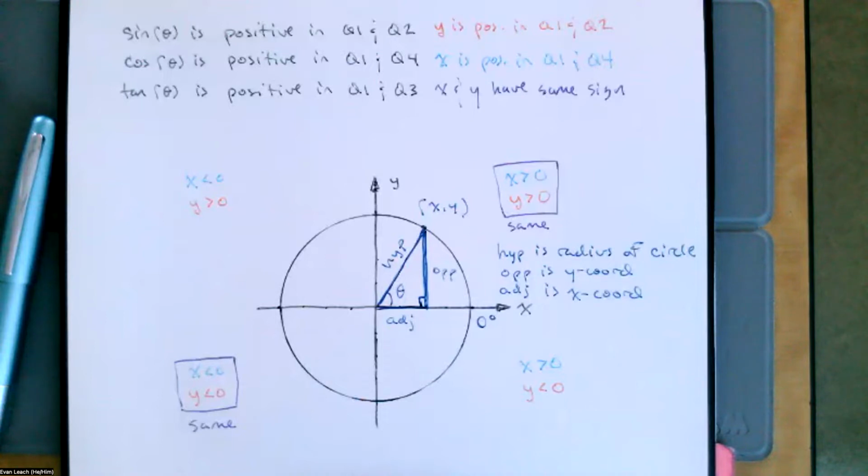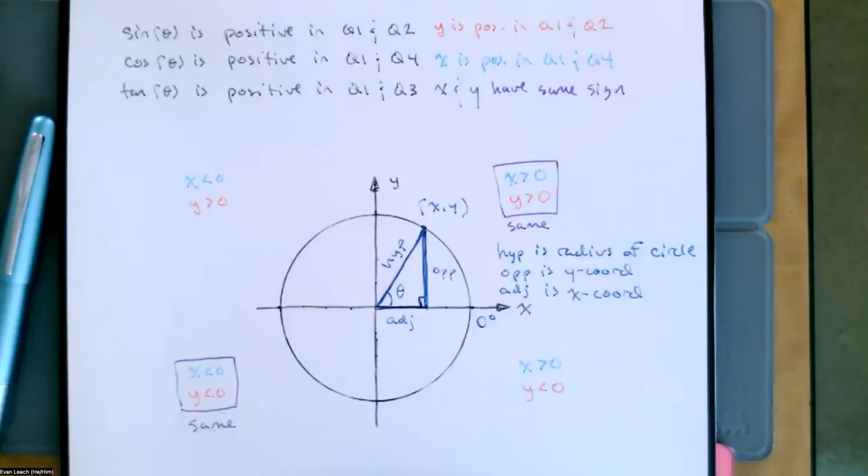Opposite over hypotenuse is sine of theta. So that's what's connecting the sine to the y coordinate. Cosine theta is adjacent over hypotenuse, and that's a connection between cosine and the x coordinate.